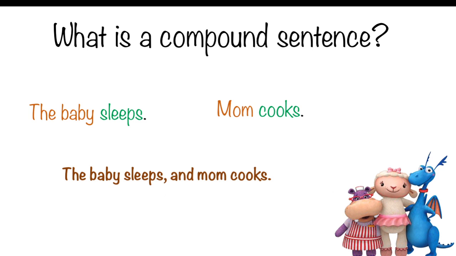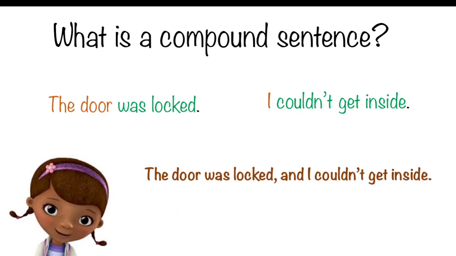Now, did you understand what a compound sentence is? Okay, a compound sentence is made of two simple sentences. I have one more for you, just to annoy you. One more time. What is a compound sentence? A sentence made of two simple sentences. Here we have one simple sentence. Here we have a second simple sentence. The door was locked. One subject, one predicate. I couldn't get inside.